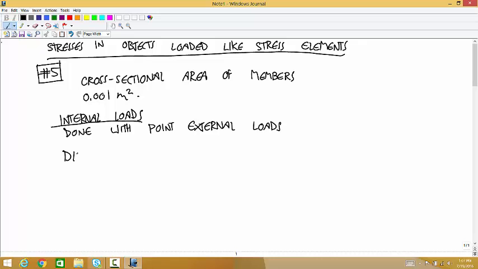Okay, so distributed loads. And I think everybody's seen this in statics.